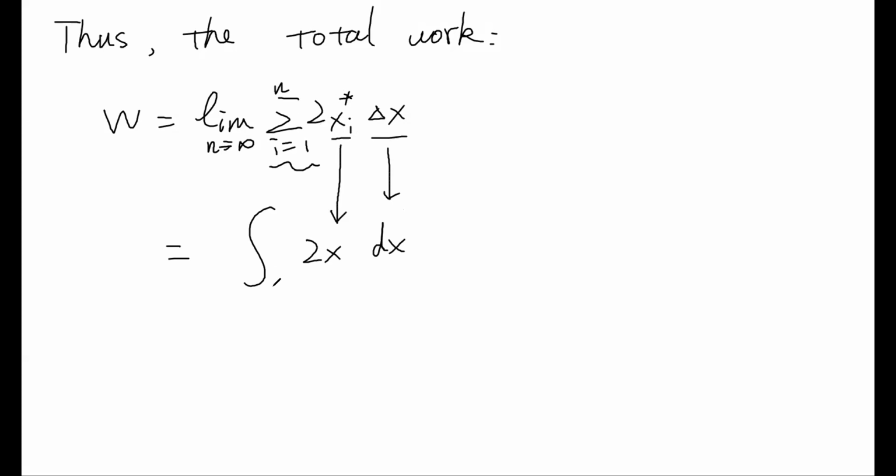The bounds of this integral are 0 and 100, where 0 is the first element, the distance of the first element to the top of the building, and 100 is the last element, the distance of the last element to the top of the building.